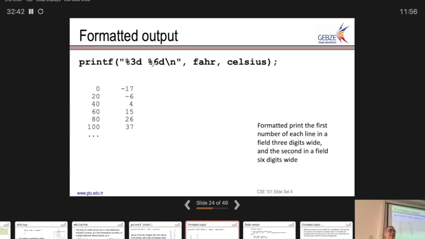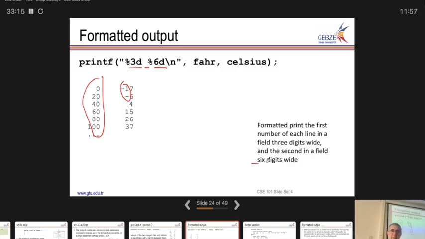When I say %3d and %6d, that means I will allocate spaces for alignment. So 3d gives you a 3-digit space and right aligned. Space, 6d. But again, the minus sign is kind of awkward.